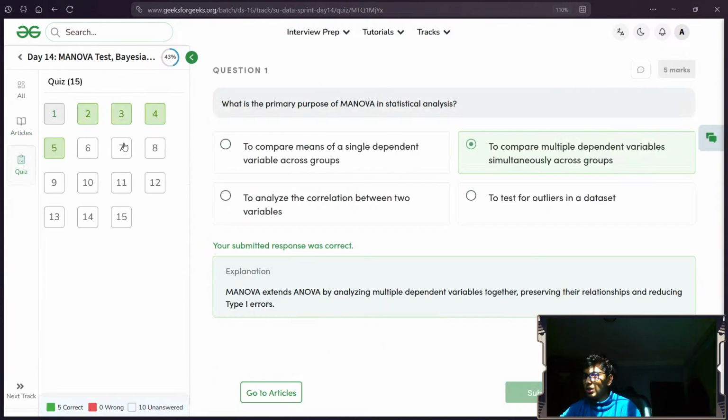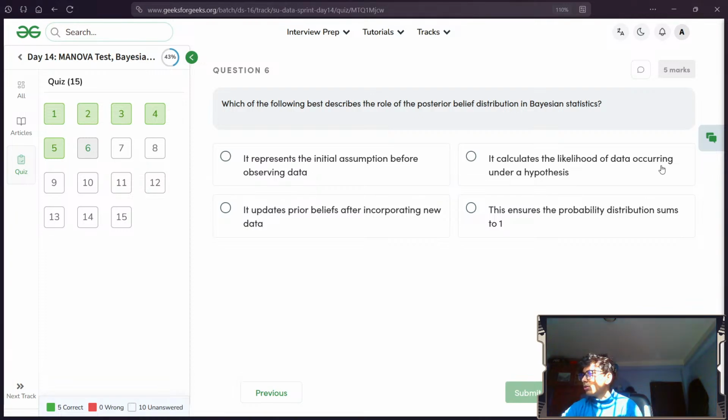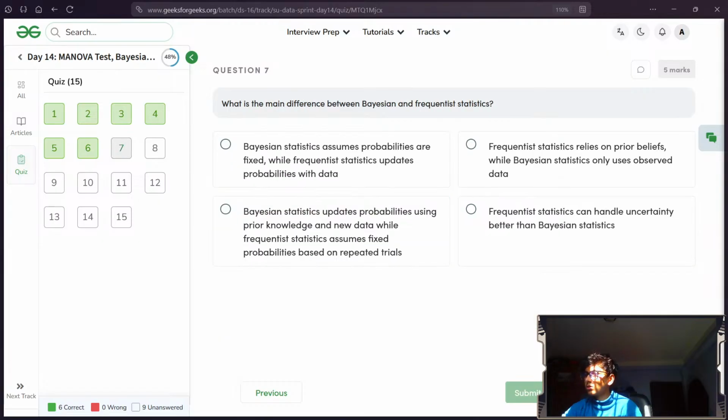I have to cook a meal myself today. Which of the following describes the role of the posterior belief distribution in Bayesian statistics? Represents initial assumption before observing data, prior data occurring under the hypothesis, prior belief after incorporating new data. Yes.